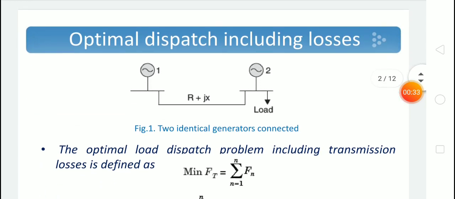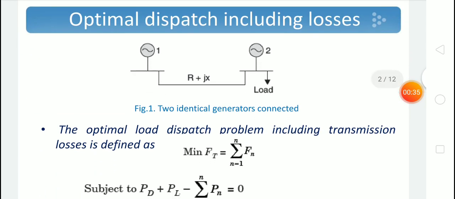So consider a case when there are two generators supplying a load. If the two generators have equal incremental cost, then they should supply equal amounts of power to the load. But by common sense, we can say that the load is near to generator 2.